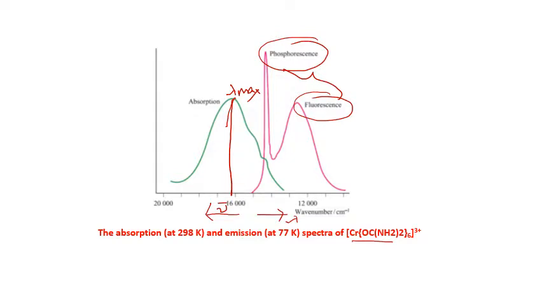When you irradiate the same sample at this lambda max value of the absorption spectrum, the molecule will give the emission spectrum, and you record the emission spectrum of this chromium complex. It exhibits both a phosphorescence band and a fluorescence band, and the nature of the bands is also different: one is sharp, one is broad. You can see the absorption is recorded at room temperature, 298 Kelvin, but this emission is recorded at lower temperature.